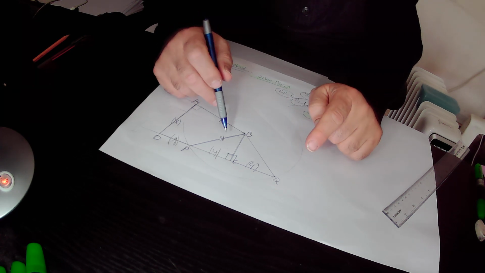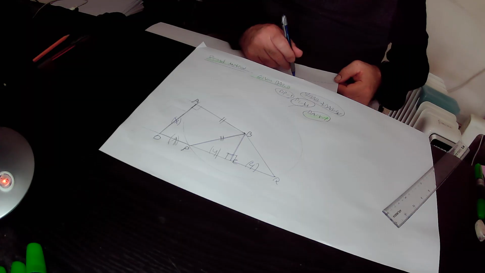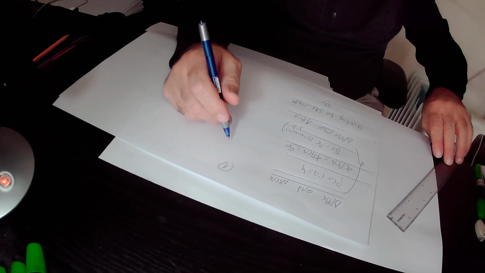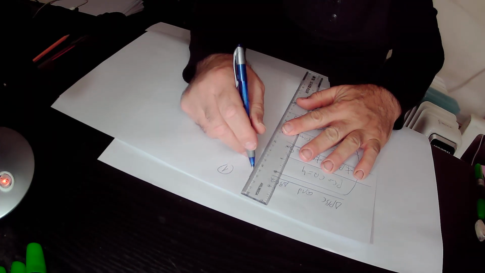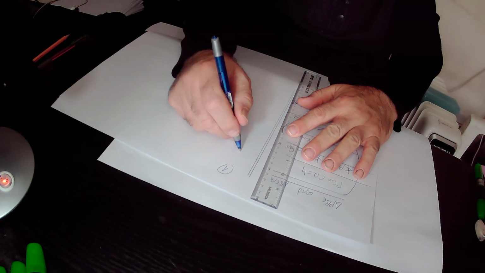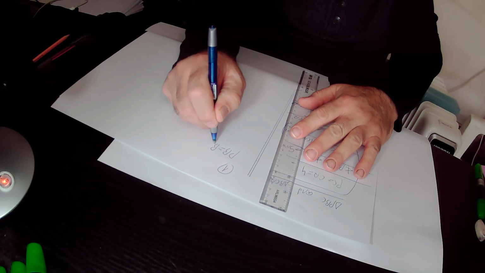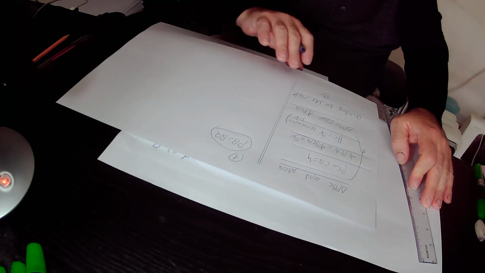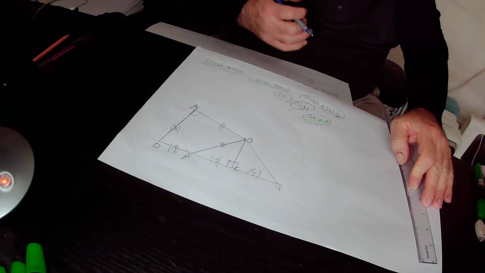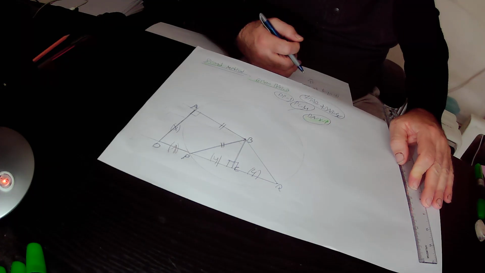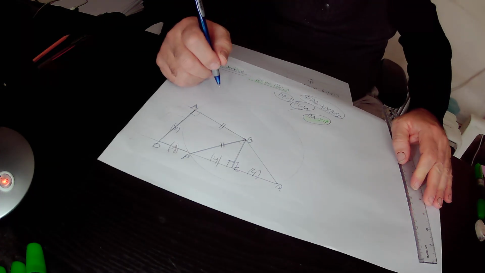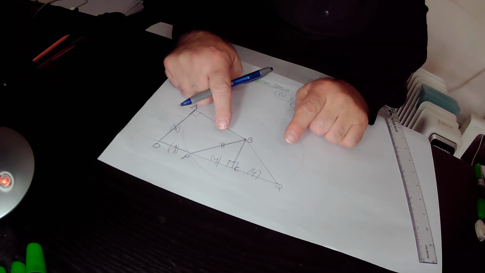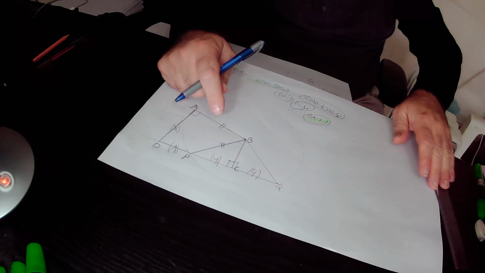So PB equals BQ, according to the rule that corresponding sides in congruent triangles are equal to each other.